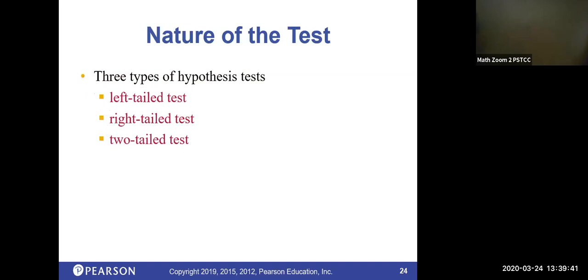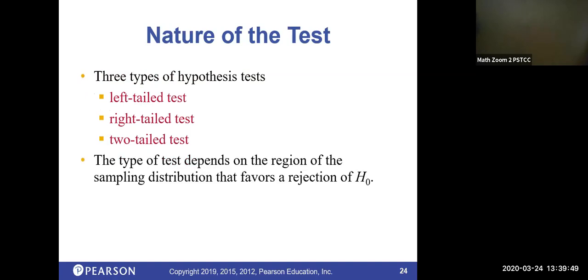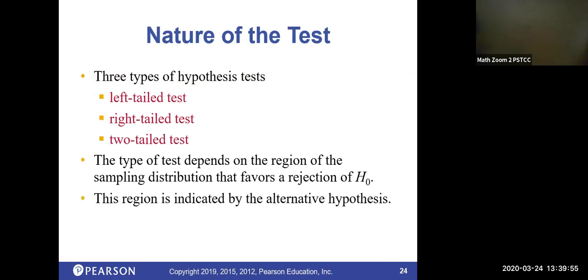So there are 3 types of hypothesis tests: left-tailed, right-tailed, and two-tailed. The shape of this is dependent on the alternative hypothesis. This is important, so make sure this is in your notes. Whatever the alternative hypothesis is tells us which of these tests we're going to use.